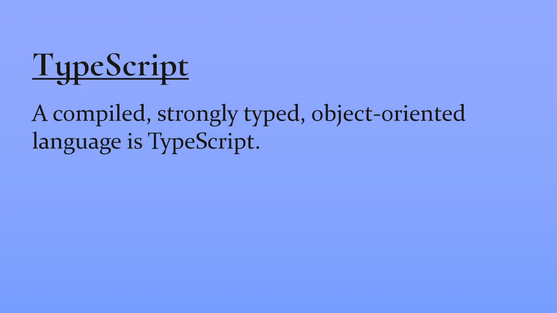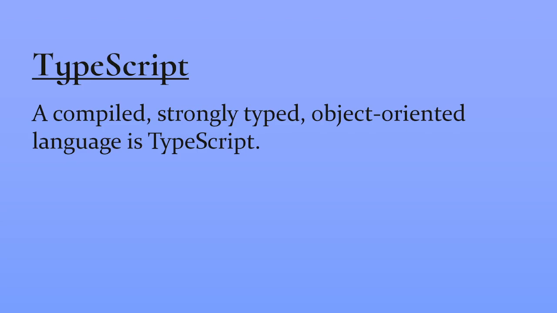TypeScript is a compiled, strongly typed, object oriented language. That is, it is a compiled language. So if you have any errors, they will be shown while you're typing the code itself in TypeScript. But JavaScript doesn't show the errors there.